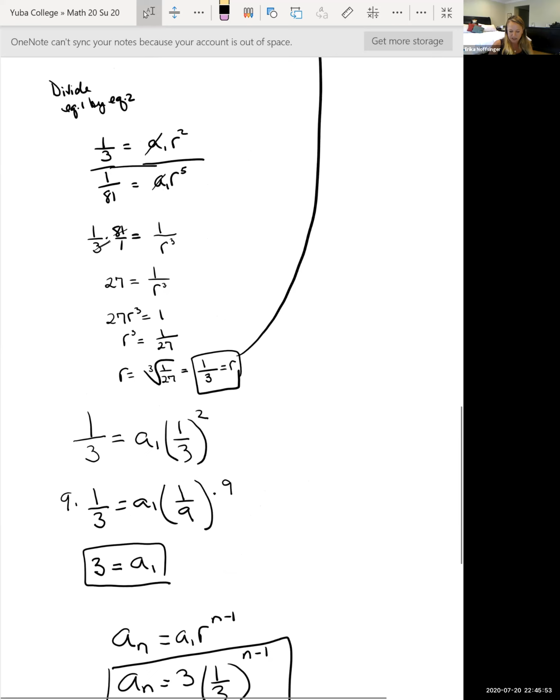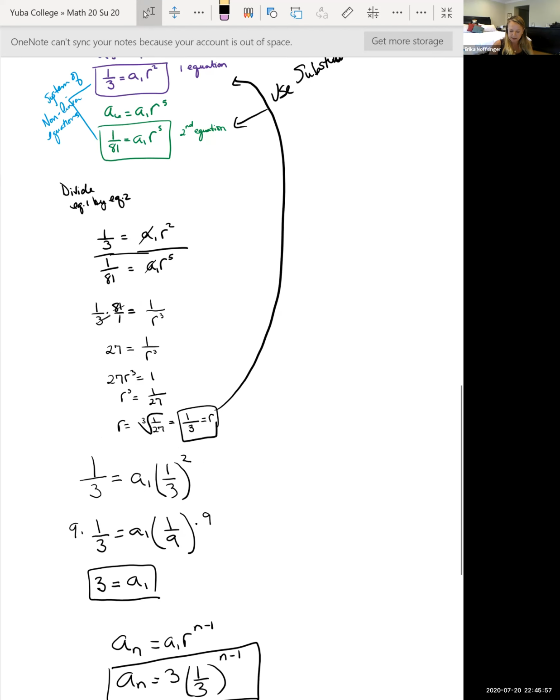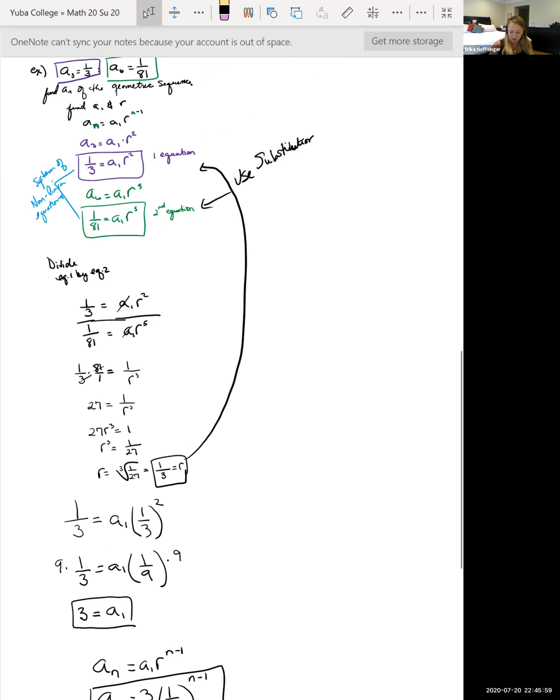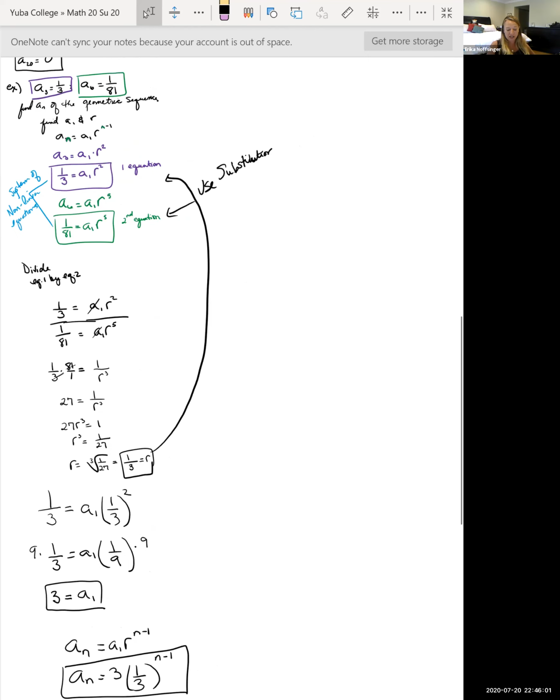So given information about multiple terms in the sequence and being told that it was geometric, we were able to find the nth term and the formula for it. Now if they wanted us to find the 100th term, we can plug in 100 wherever we see an n, and that would give us the 100th term.